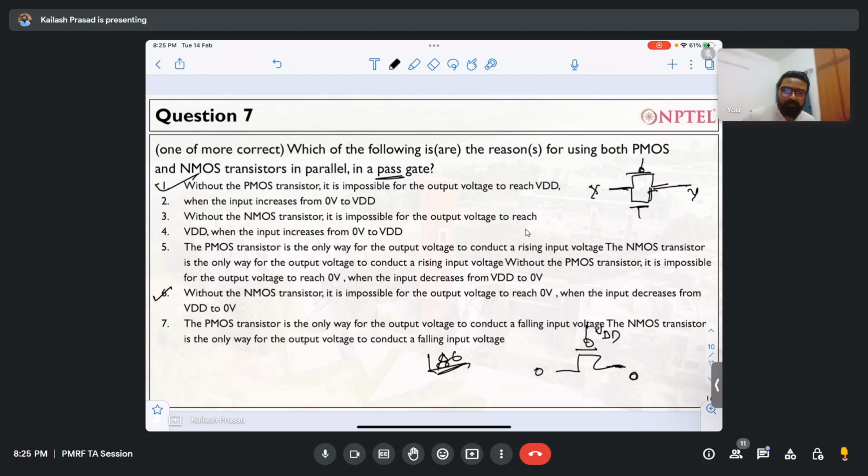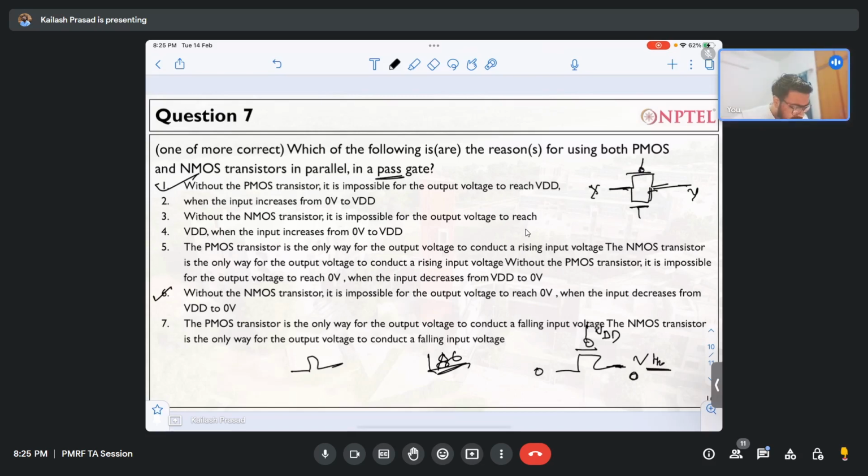It is not able to pass the zero, but the output will reach up to the threshold voltage. Output will be VTH, right? Yes.